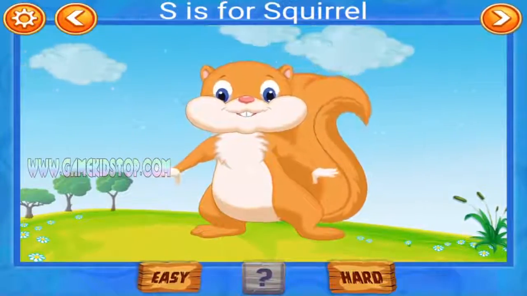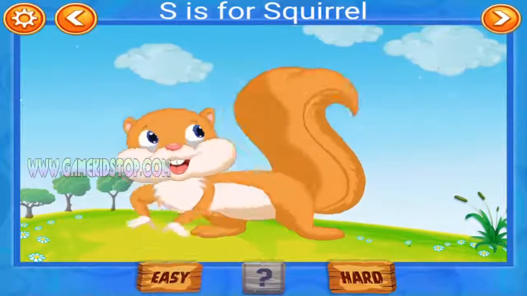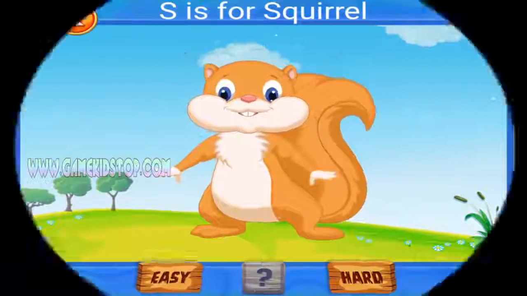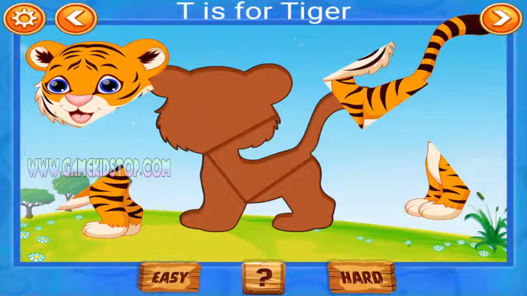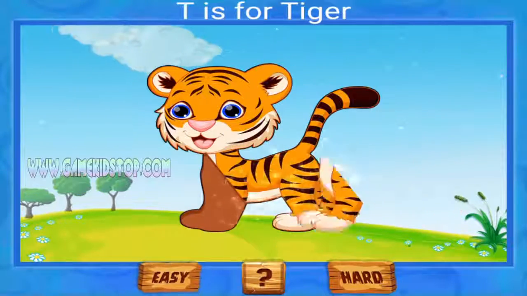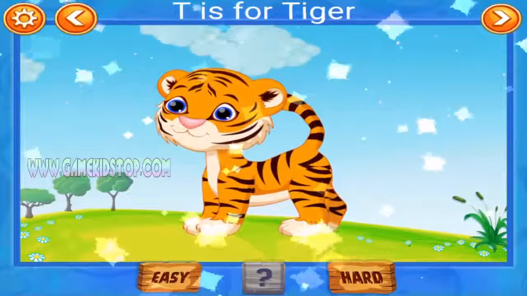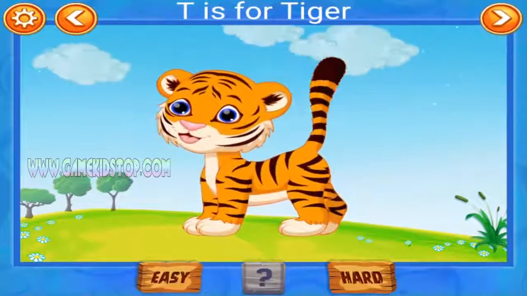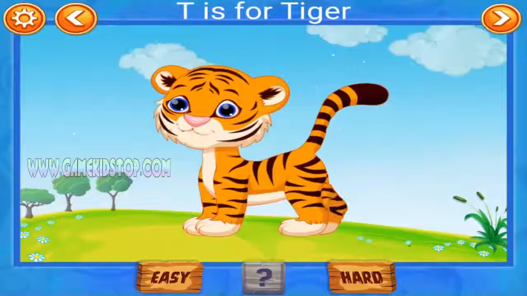S is for squirrel. Squirrel. It's time to solve a puzzle. T is for tiger. Tiger.